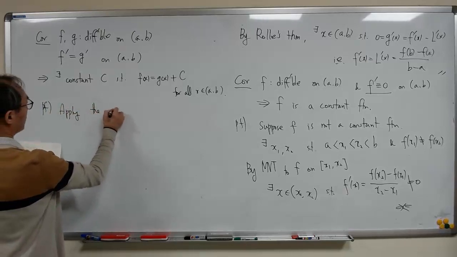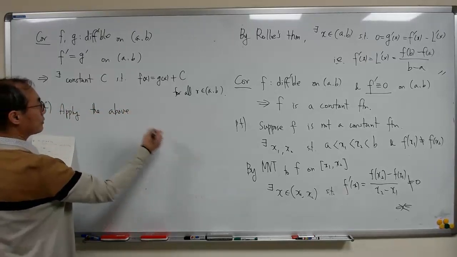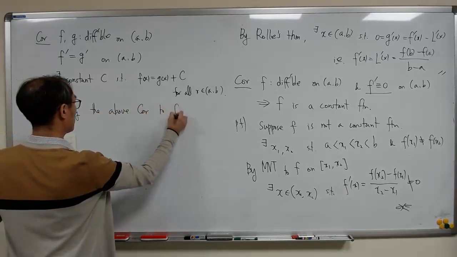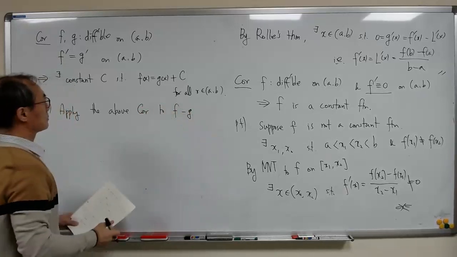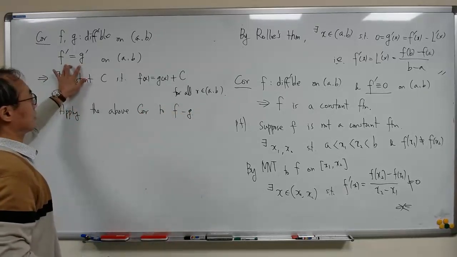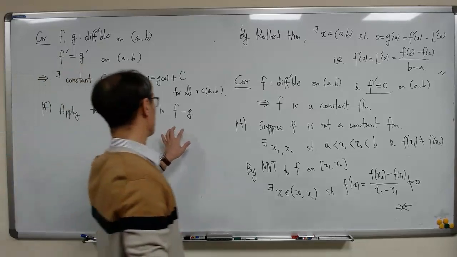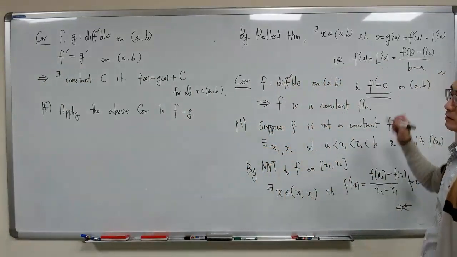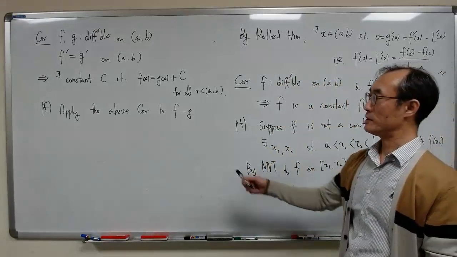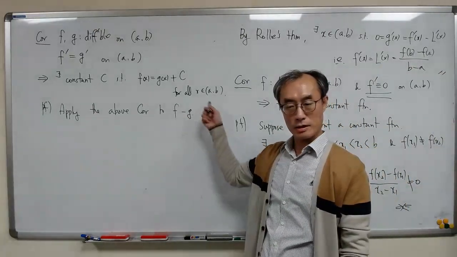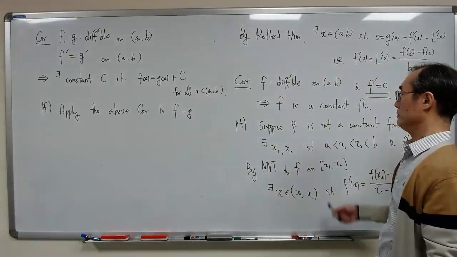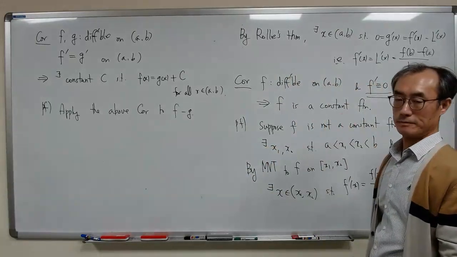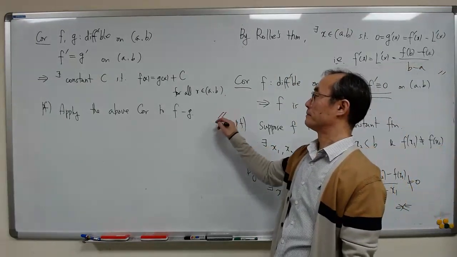You can apply the previous corollary to the difference function. Since the derivatives are equal, the derivative of f minus g is identically zero. That means this function f minus g is a constant function c.